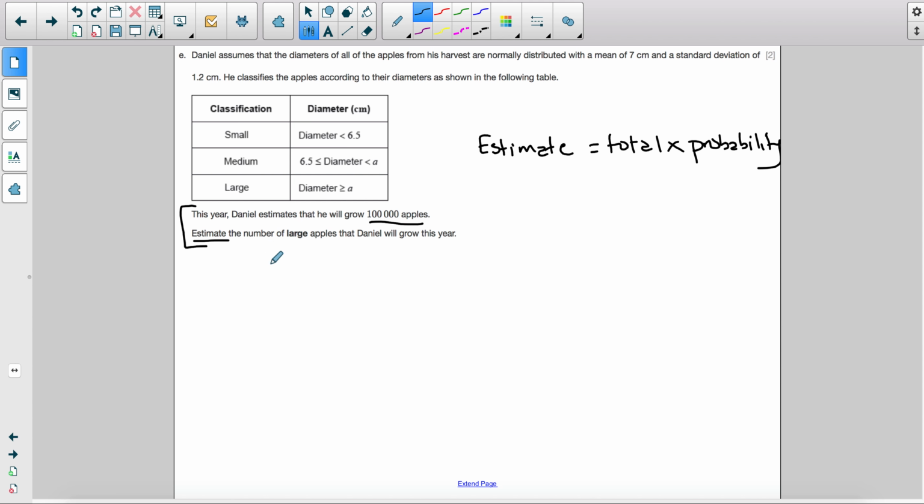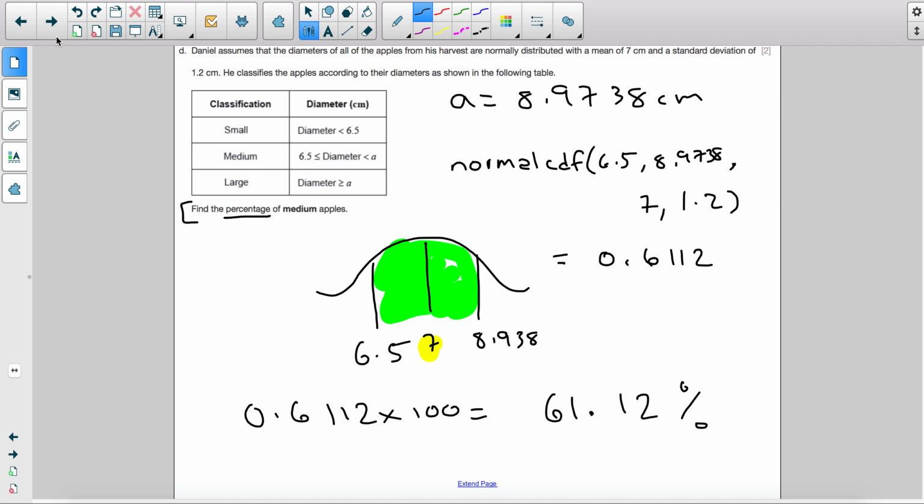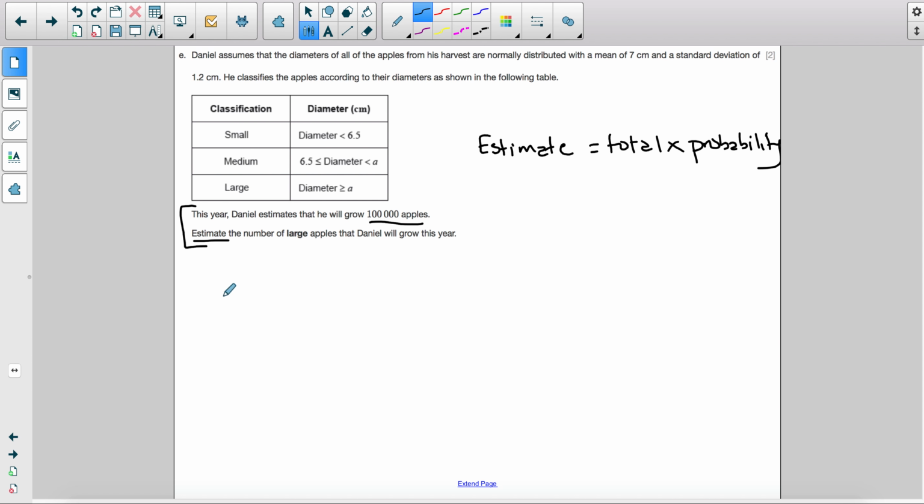Well, actually, we don't need to go through the calculation, because if you remember, they told us that the percentage of large apples is 5%. So I don't really need to do anything. You can try and find it if you want to. You use the A that you have and put it in your calculator and it should give you about 0.05, but it's going to be slightly extra work. Make sure you read all the questions. They've put it in bold for a reason.